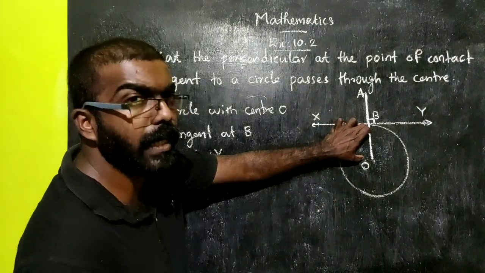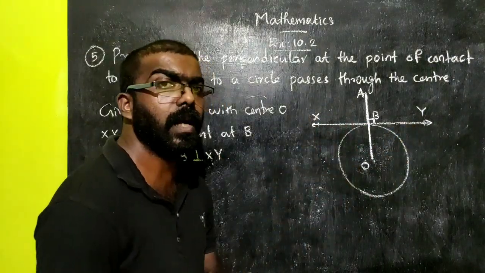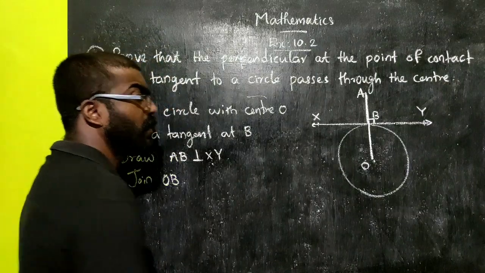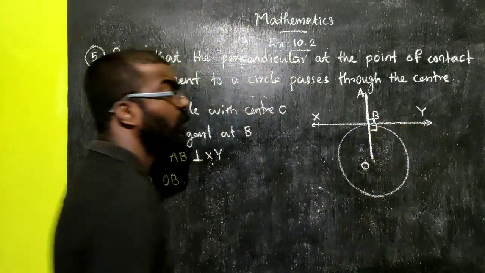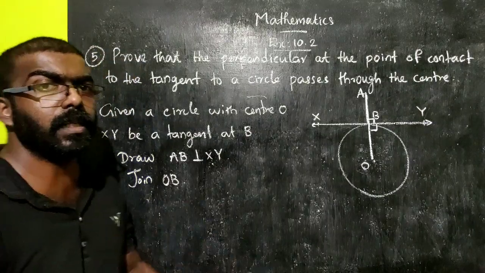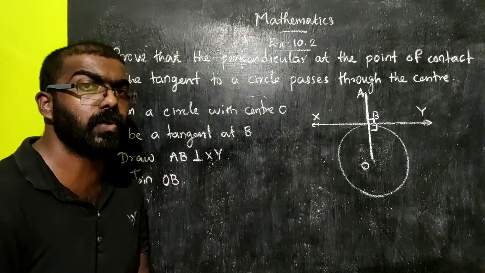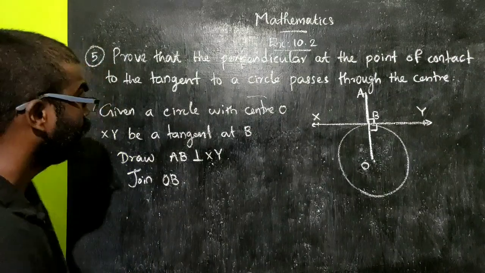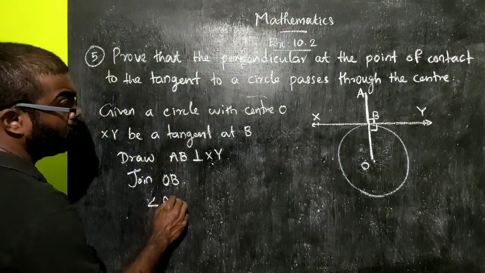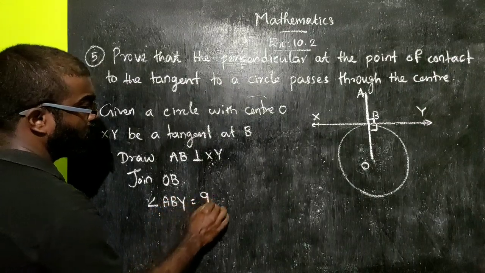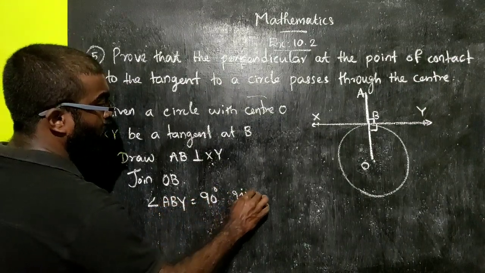Here OB is the radius and XY is the tangent, and by theorem 10.1 what we can say, angle OBY will be equal to how much? 90 degree. Tangent is perpendicular to the radius through the point of contact. Okay, so here we can write angle ABY is equal to 90 degree. It is given by our construction.